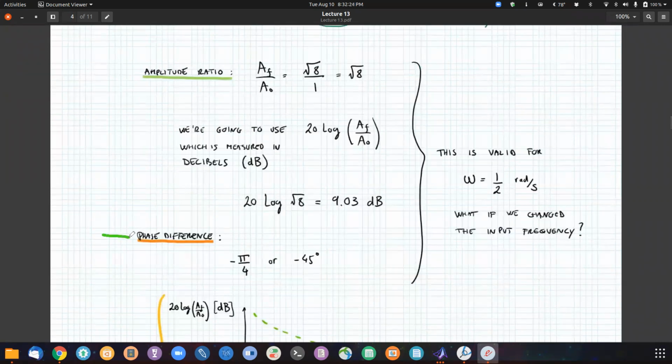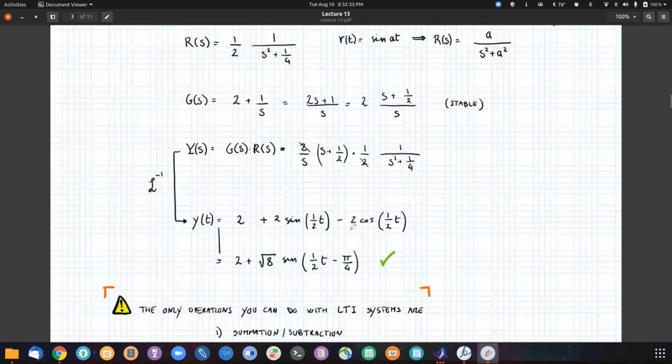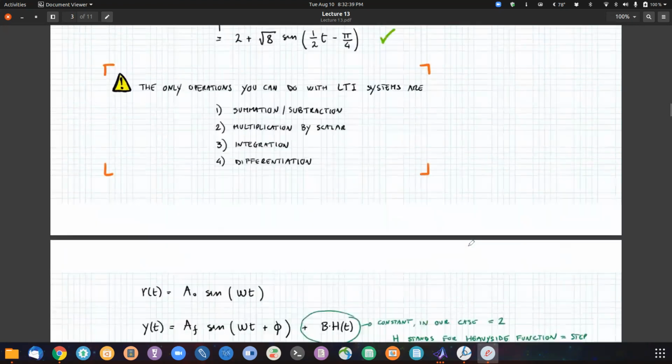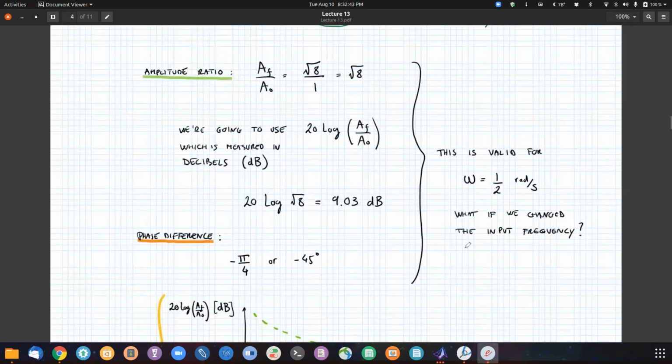And the other thing that we will focus on is the phase difference between the input and the output. And that is that angle phi that we saw right here. So that is the difference in terms of phase between the harmonic function that describes the input and the harmonic function that describes the output.